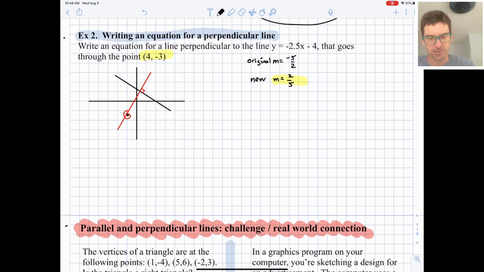And we just need to get all that into slope-intercept form. So let's write out slope-intercept form. And let's plug in the information we have. We have a negative 3 as our y-coordinate, m is 2/5, our x-coordinate is 4, and we're curious, what's b going to end up being? So we need to multiply our fraction by 4, so that's 8/5 plus b, and then we can subtract 8/5 from both sides.